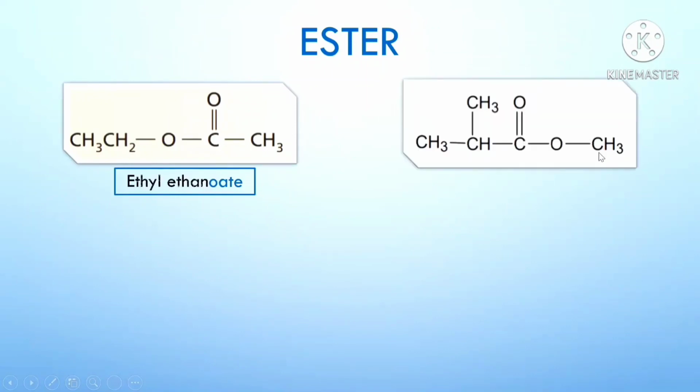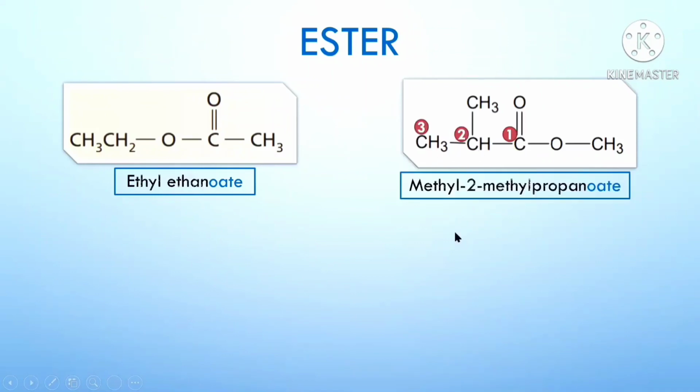In this molecule, we have a methyl group attached to oxygen, and we have to number the parent chain because it has a substituent. This is carbon 1, 2, 3. So it's called methyl 2-methyl propanoate.